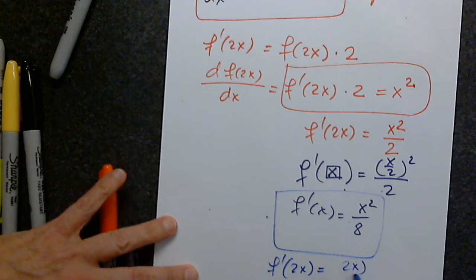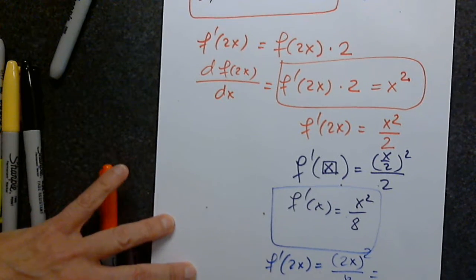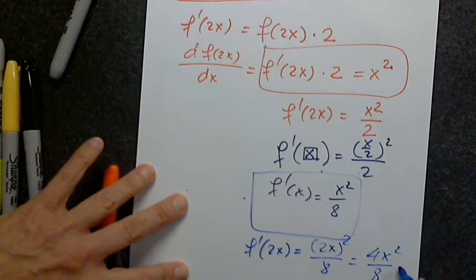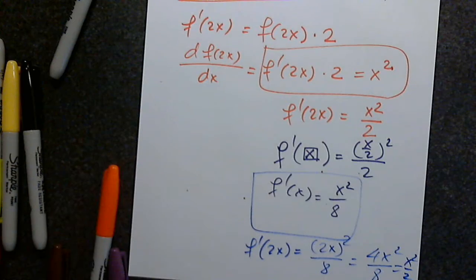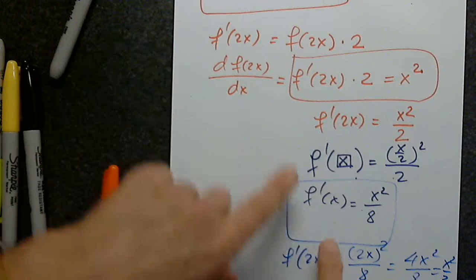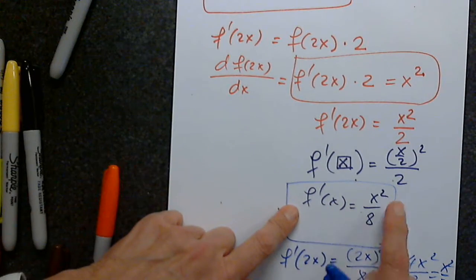So it will be 2x squared divided by 8, which is 4x squared divided by 8. And I'm coming back to x squared over 2. So given this piece of information, we were able to determine f prime. And f prime is x squared over 8.